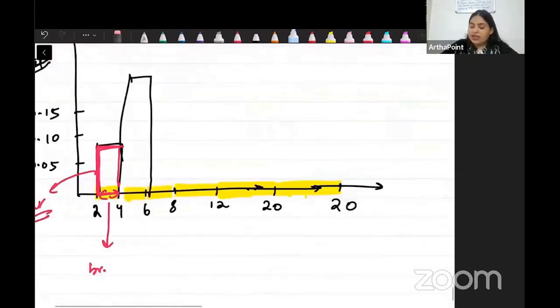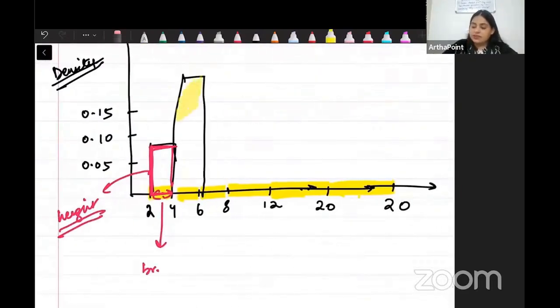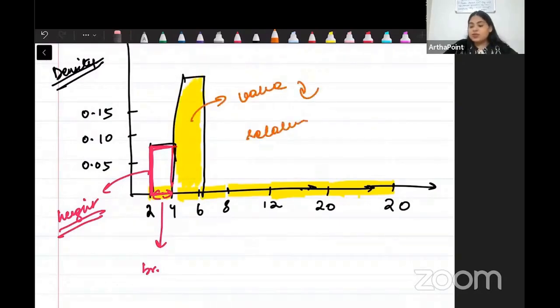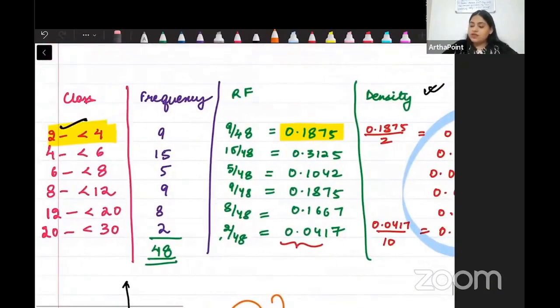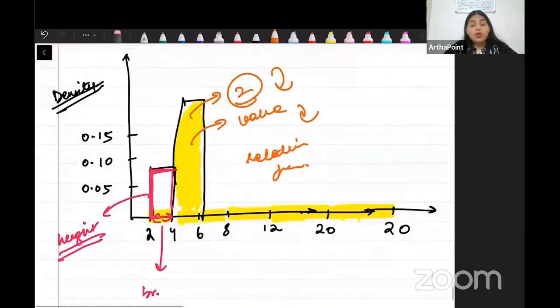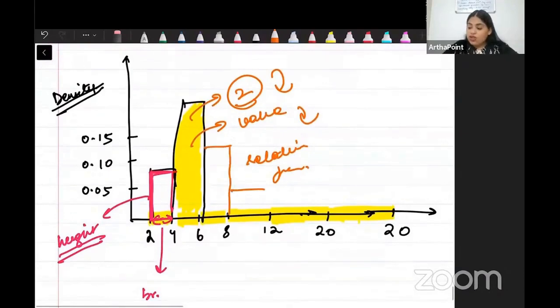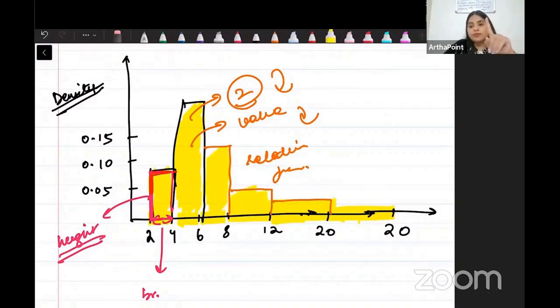If someone asks you what is the value of this area, it is nothing but the relative frequency. This is what we have proved. So if I ask you the area of rectangle number 2, it is nothing but the relative frequency. Okay. And what is the sum of relative frequencies? 1. So which means if I draw all these rectangles, the sum of areas of these rectangles will be 1, because they just represent relative frequencies.